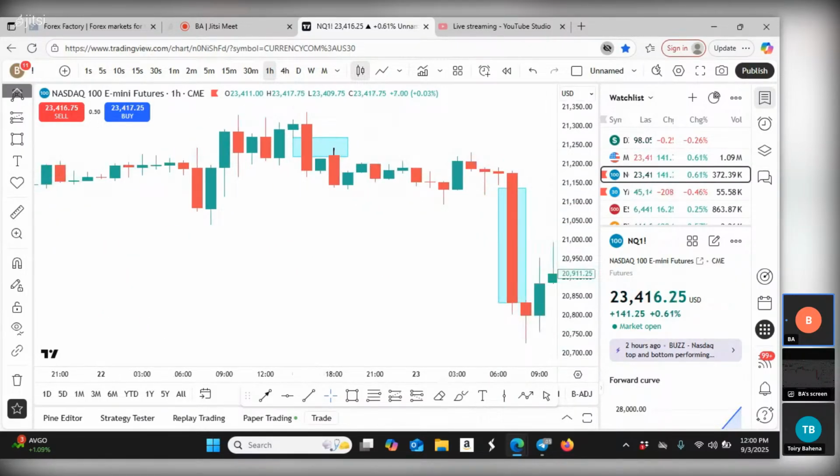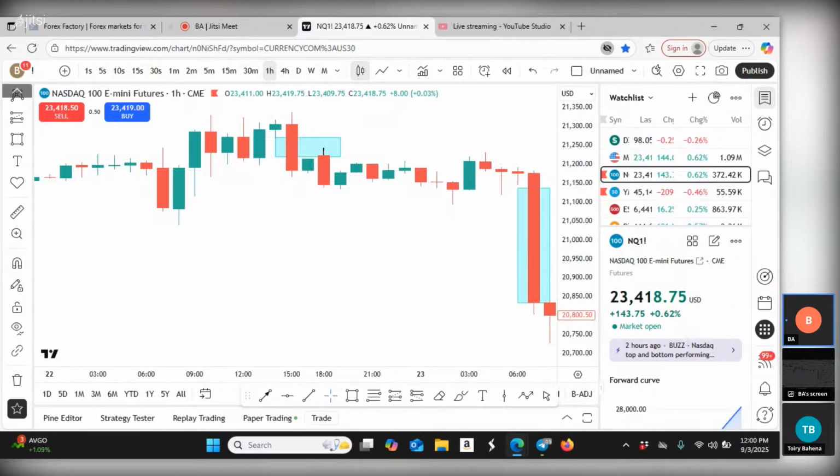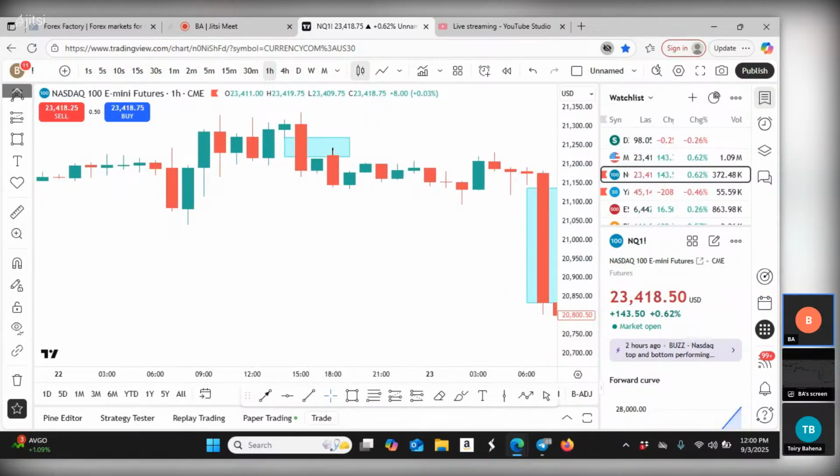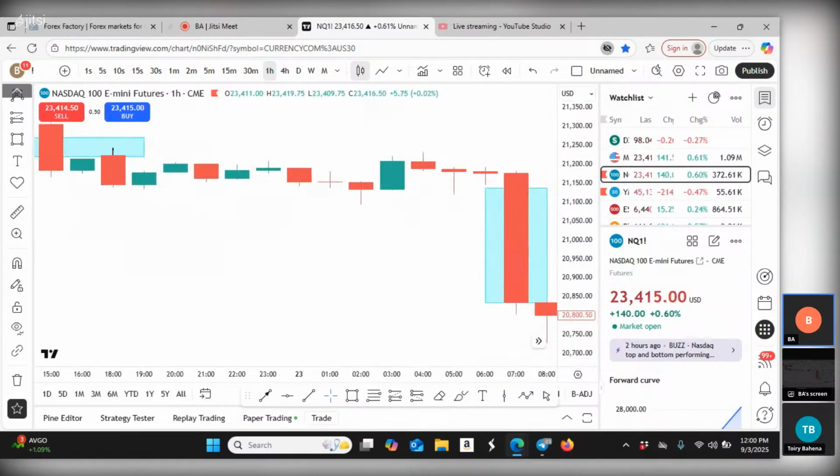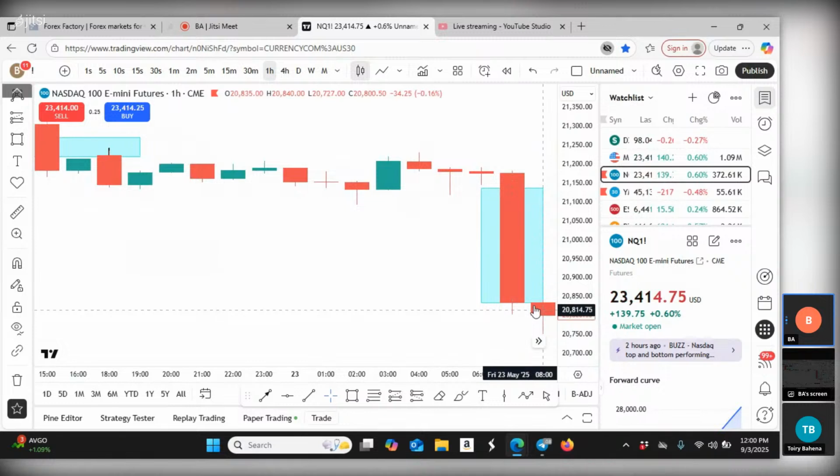All right, so you see this one right here, how it slipped down. A big order came into the market. That was probably like $1 million to the downside, and then it was just all sales, no buys, and it closed. Let me zoom in a little bit. You see this candlestick to the right?